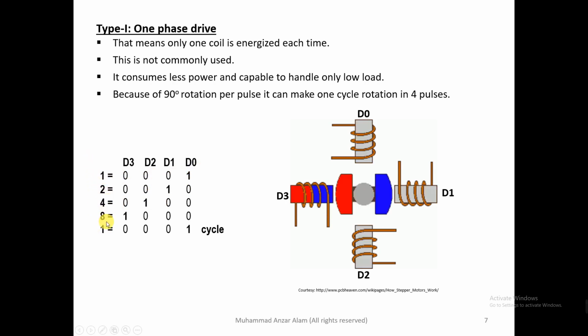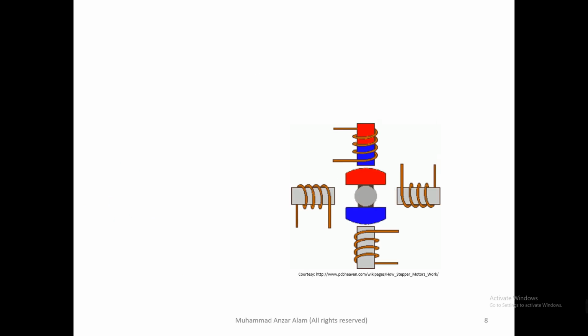So we have to generate these signals from the microcontroller to the stepper motor, and this signal will have the decimal values of 1, 2, 4, 8. Again 1, 2, 4, 8. Please remember these values, as we will use them in assembly language programming later on. I hope you understand something.